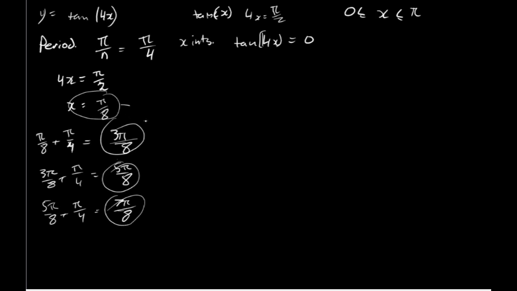So first one, pi on 8 and 3 pi on 8, halfway between them. Okay, divide by 2, we will find that it is pi on 4. I think.